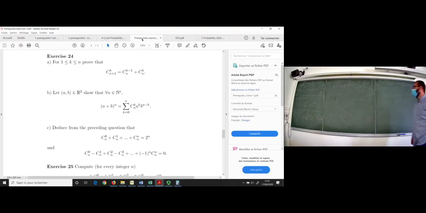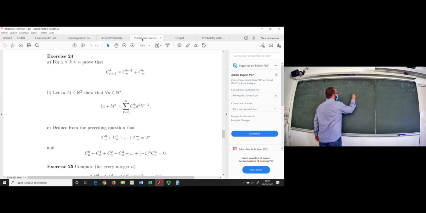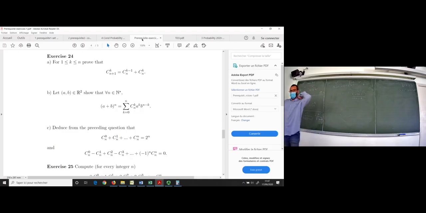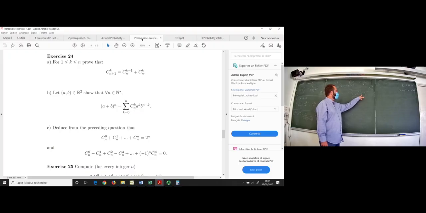I obtain (k + n - k + 1) over (n-k+1) times k. I have a little simplification here, because k plus n minus k plus 1 gives n plus 1, so I obtain (n+1) over (n-k+1) times k.